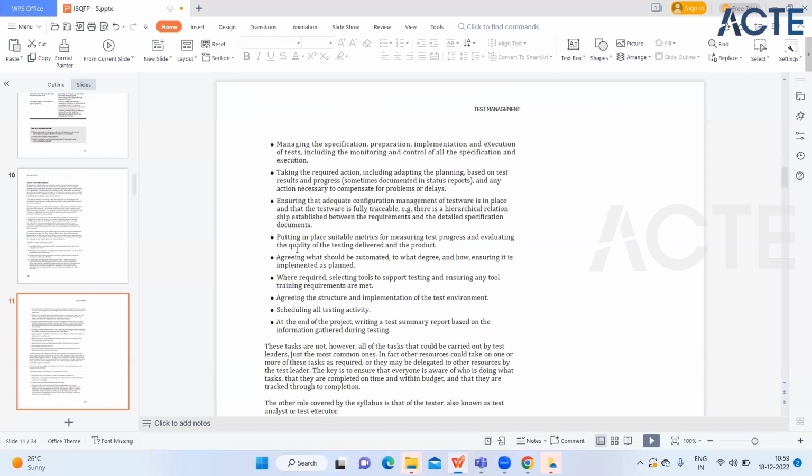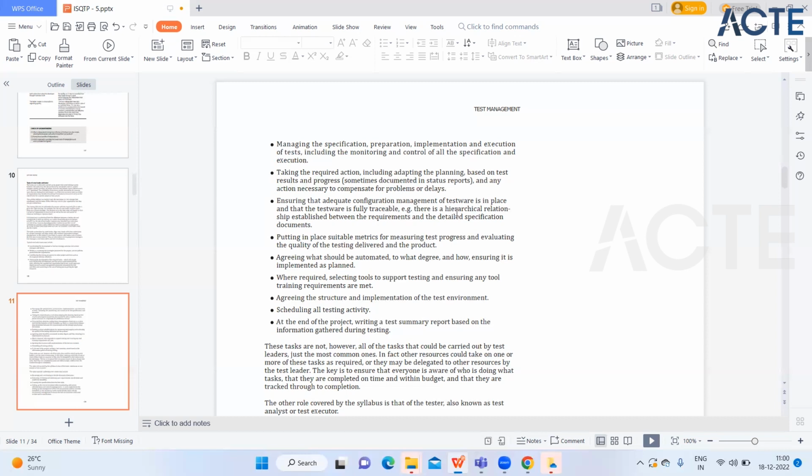Now, they have to check test results and progress, status reports, and any action necessary to compensate for problems or delays. Ensuring that adequate configuration management of testware is in place and that the testware is fully traceable.